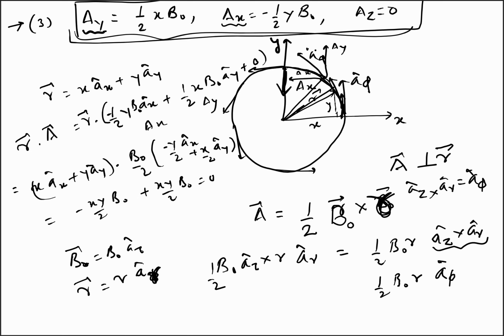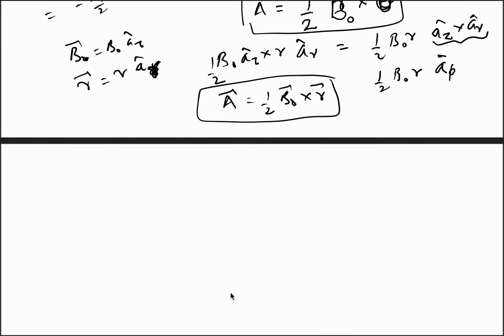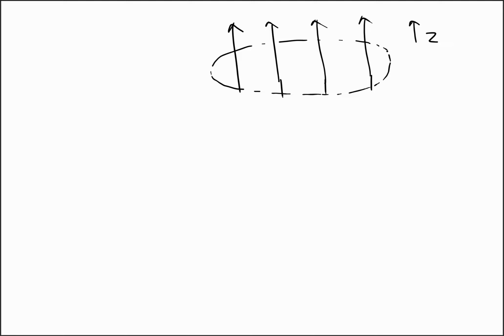So you see that A can be written as 1 by 2 B naught cross R. So in this way you can see that this uniform magnetic field in z direction, so this is, let us say, z direction, this will be possible only if the vector potential is like this, that is always in tangential direction like this.